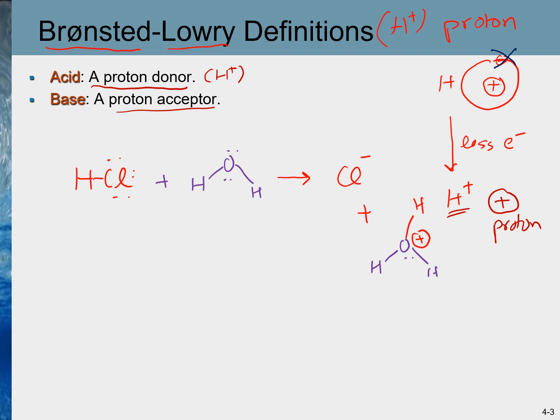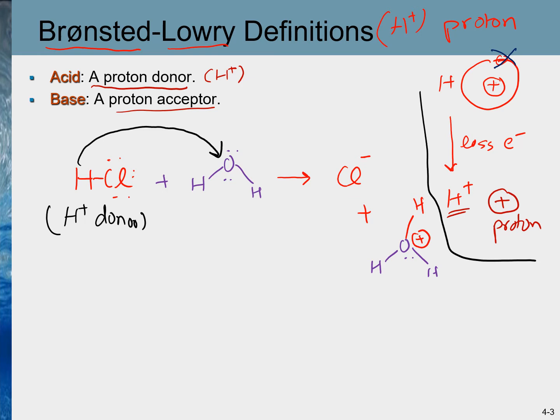So let's check what happened in this reaction. We can see that a hydrogen was transferred from HCl to water. In other words, HCl has given away its H positive, so this is a proton donor.